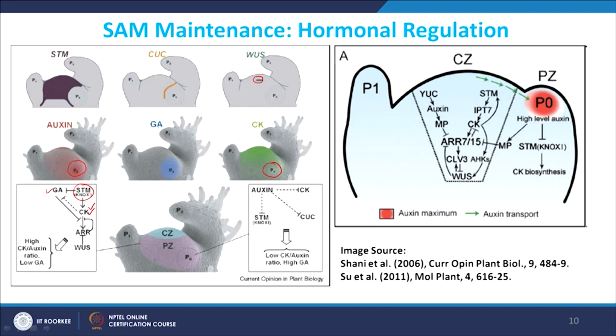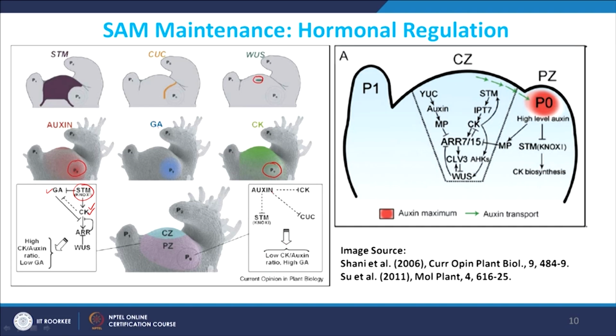So, high amounts of cytokinin and STM ensure meristematic property. But if you come to the region where the organs are coming, the site where organogenesis has to start, what is happening here? There is a low cytokinin to auxin ratio, so basically high auxin, low cytokinin.